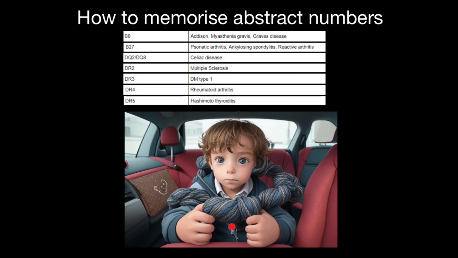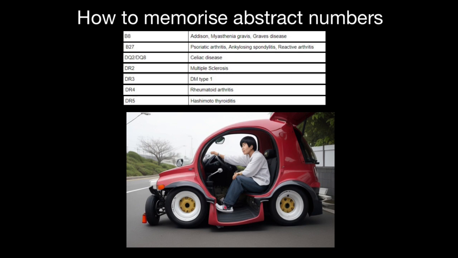So a child sitting in a regular vehicle, which is DR4, 4 wheels, and has arthritis and a scarf around him with knots. And the last disease is Hashimoto thyroiditis, specified by the DR5 gene, if there are mutations in this gene. Here's my picture.